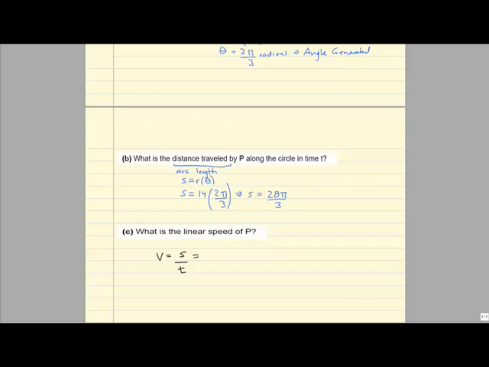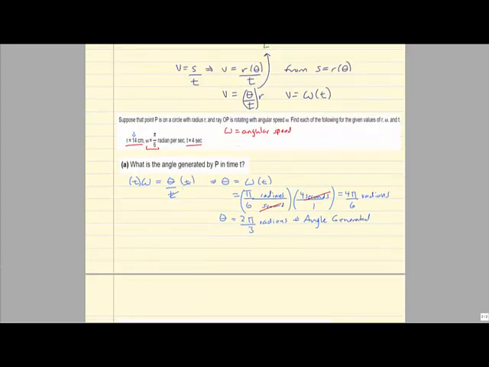We know s in this case is 28 pi over 3, and then divided by t. Did they give us t up top? 4 seconds was given to us up top, 4 seconds.